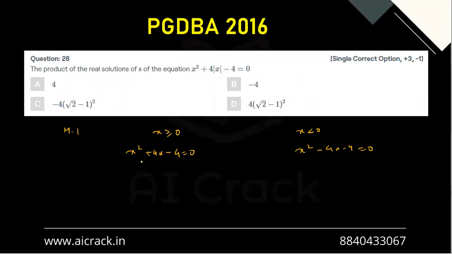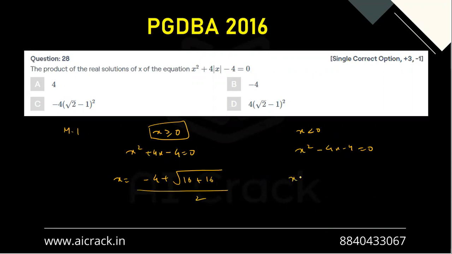Now let's try to find out the roots. So x would be minus 4 plus, we won't consider the minus case over here because in that case the entire root will become negative, and we have x greater than or equal to 0, so we won't be considering that case. So minus 4 plus under root b square minus 4ac, that will become plus 4ac, so that is 16 plus 16, divided by 2.